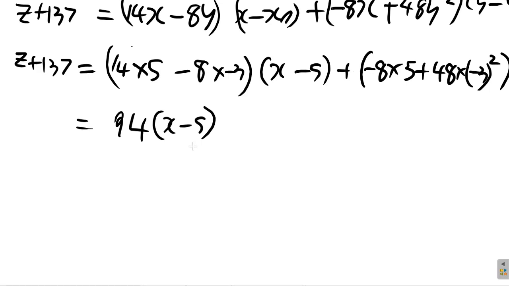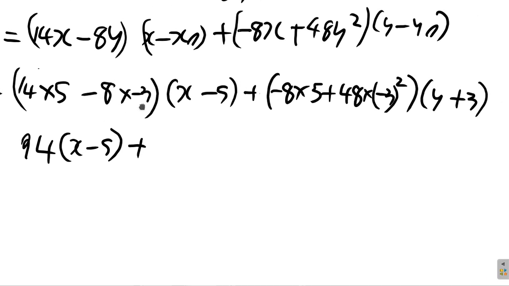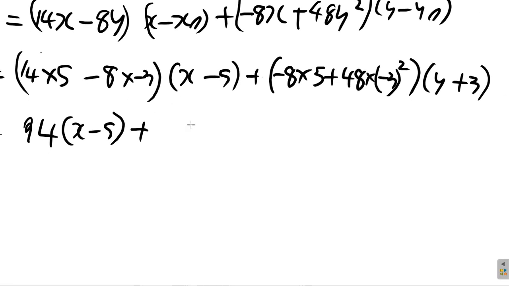That's 94 x minus 5, plus, and then we work out negative 8 times 5, 40, is going to be a plus, you know. 3 3s is 9, 9 by 48, 432, y plus 3.